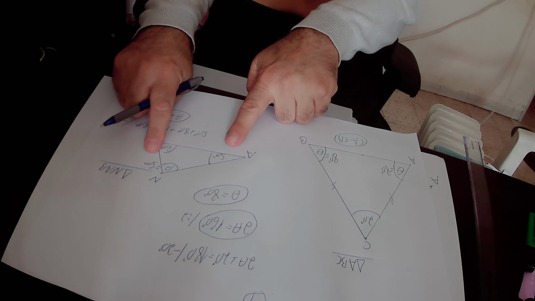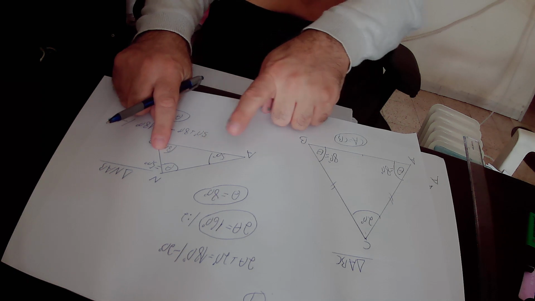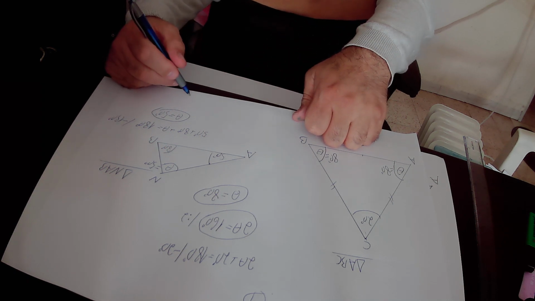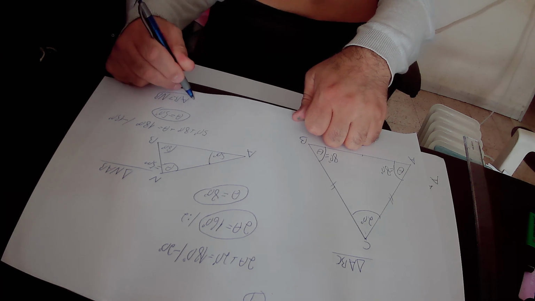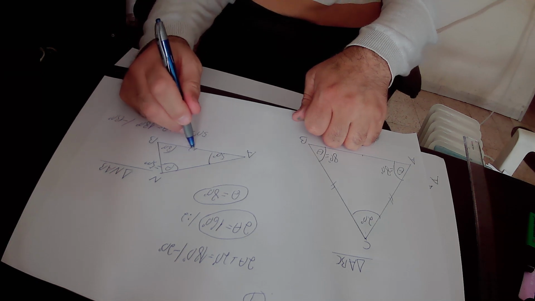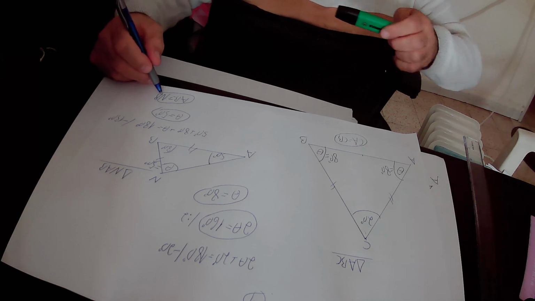So in front of those two equal angles, we have those two sides that must also be equal to each other. That is to say, side AB equals side NB. Those two sides are equal to each other because they are located in front of equal angles.